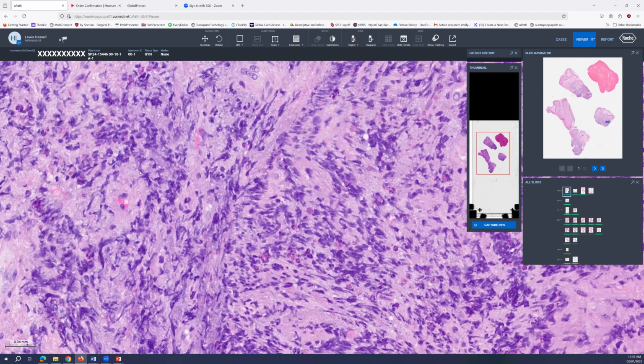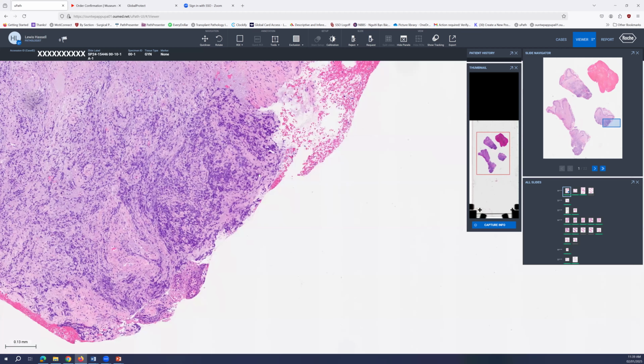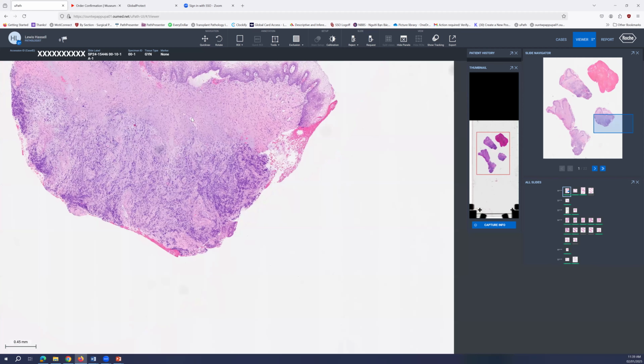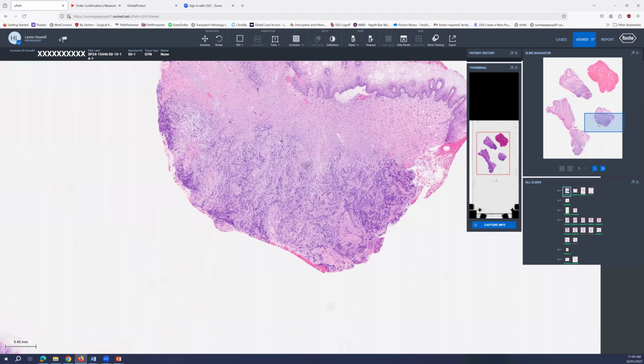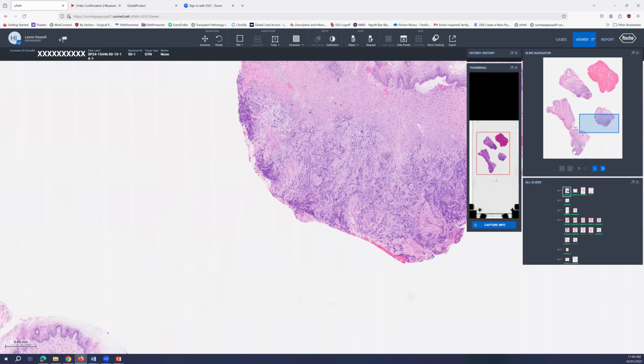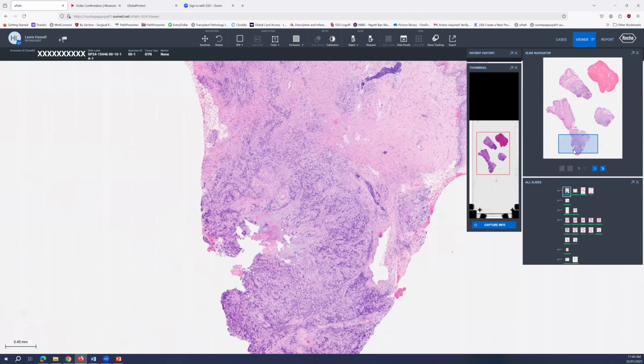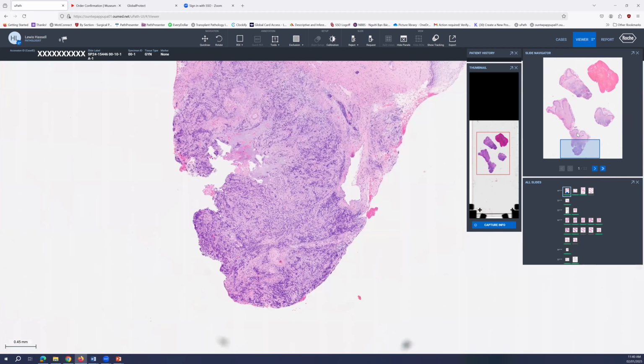However, the overall pattern of an apparently somewhat infiltrative lesion deep to the mucosa, to me was highly suspicious for a malignancy. However, I didn't have the benefit of having seen the other slides, nor even having the report available to me.